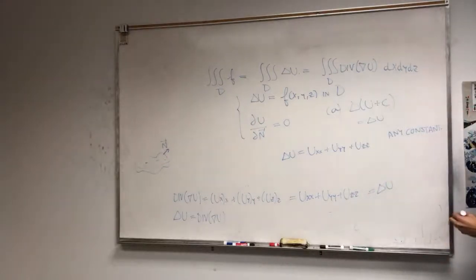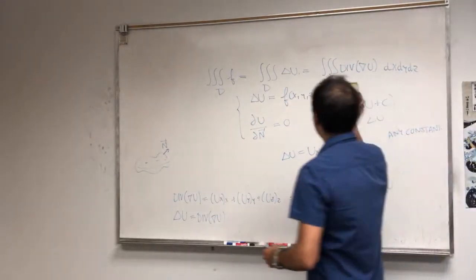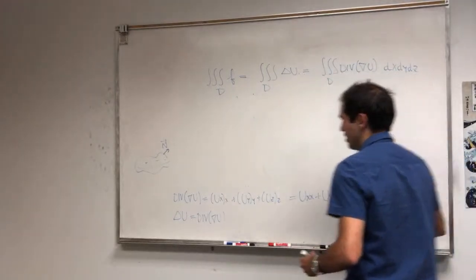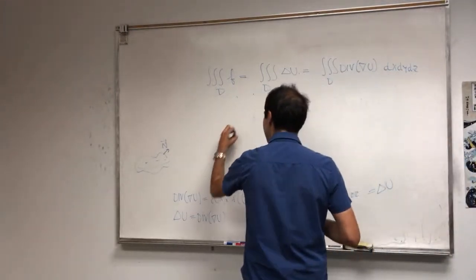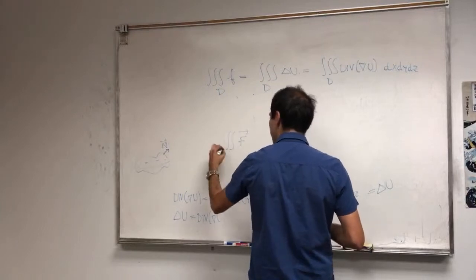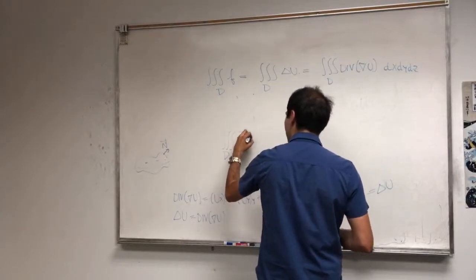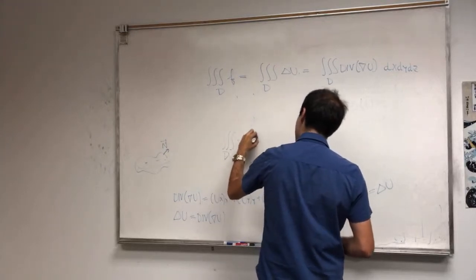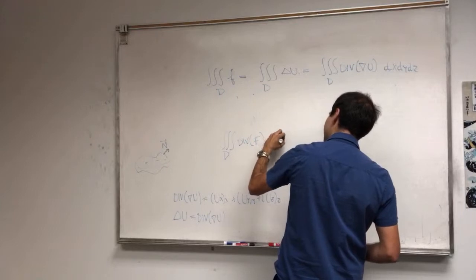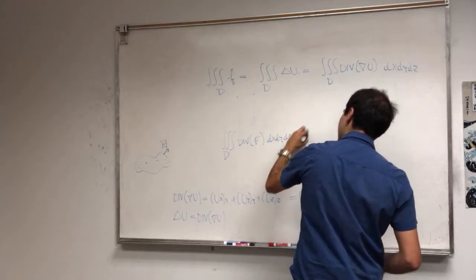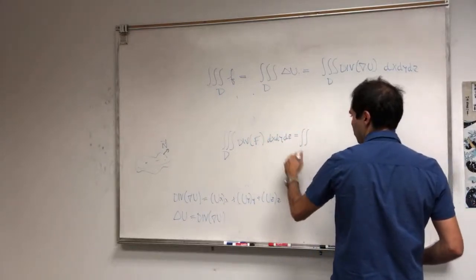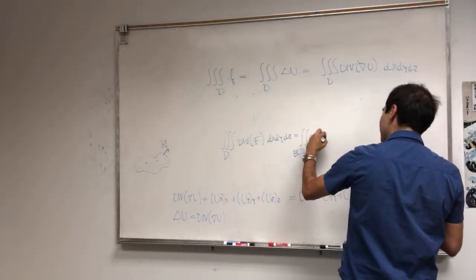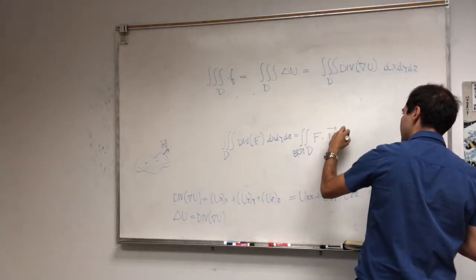And now remember what the divergence theorem says. The divergence theorem says that the triple integral of the divergence, so suppose you have any vector field F, the triple integral of the divergence of F, dx dy dz, is the same thing as the double integral over the boundary, so dD, of F dotted with n dS.